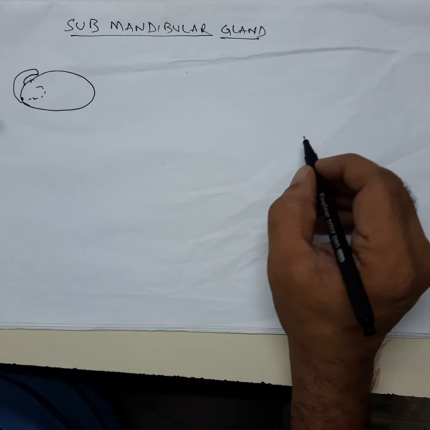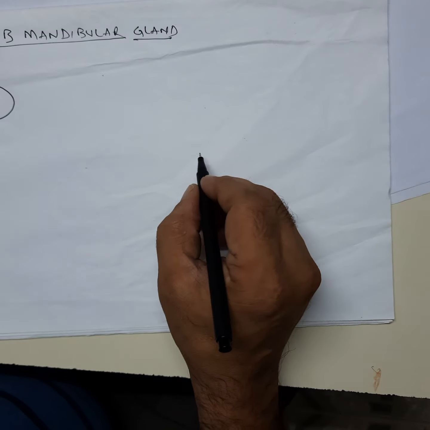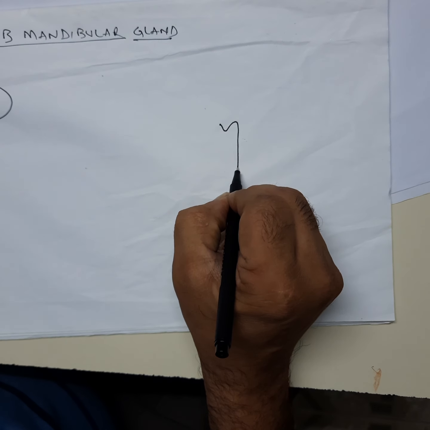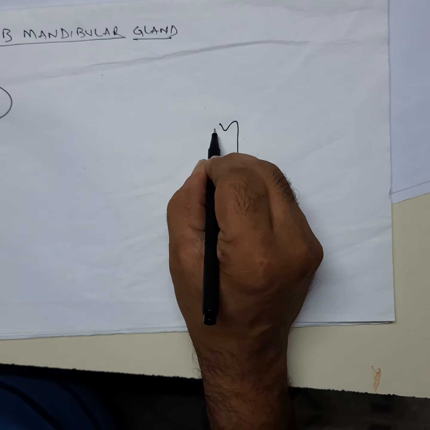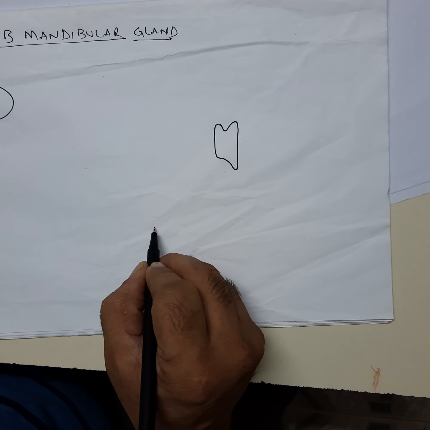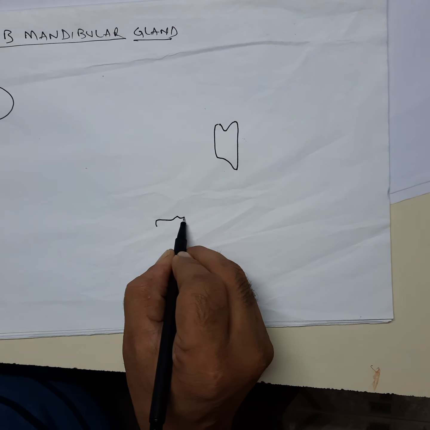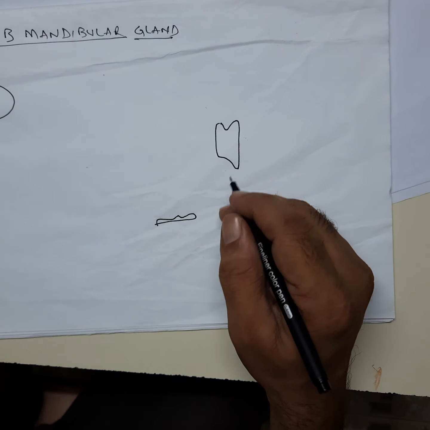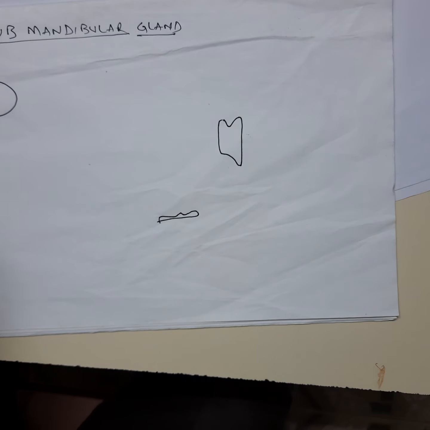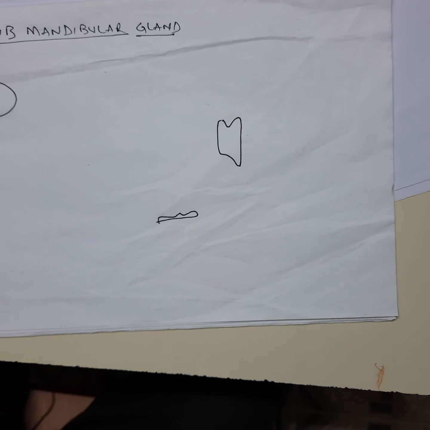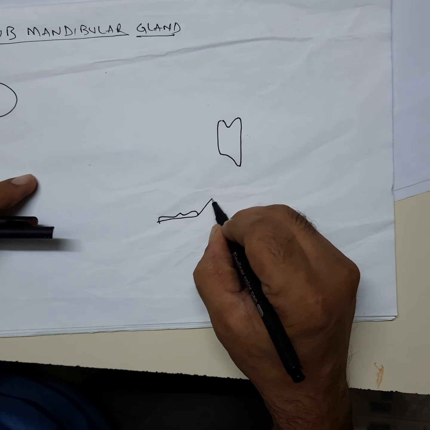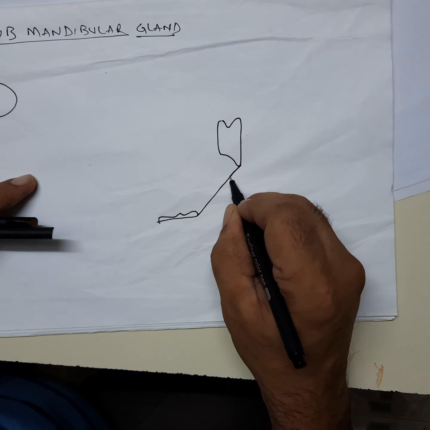You can see now, this is the mandible and here is the hyoid bone. From here, the mylohyoid muscle is taking origin and joining the mandible like this.